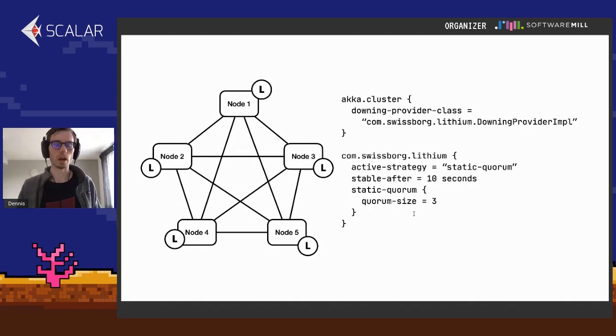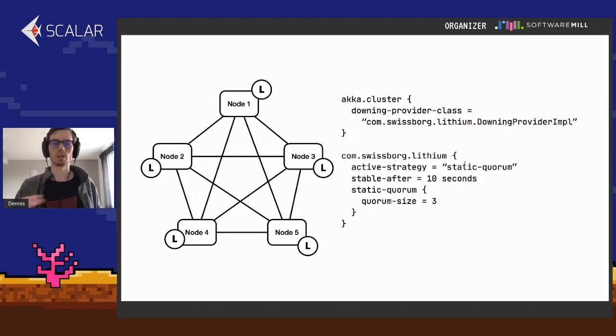Setting it up on your cluster is super easy. It's only configuration. There's some auto-magic stuff where you give the concrete instance of your Downing provider.